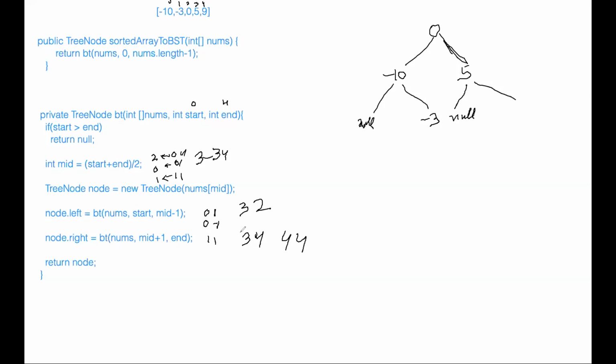Again, start is not greater than end, it is equal, so we'll go next. At this level, 4 plus 4, 8 divided by 2, our mid became 4. So again, we construct a new tree node. So nums of 4 in our index is 9.